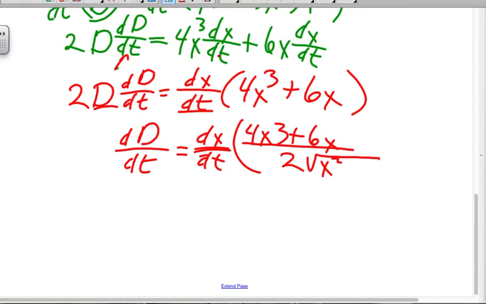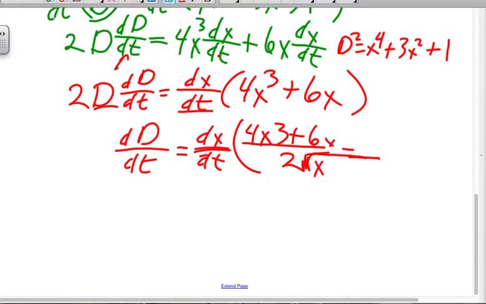It's what we had up above. We already did this. We found D squared up above, if you remember. We found D squared was x to the 4th plus 3x squared plus 1. So D is just going to be the square root of all of that.